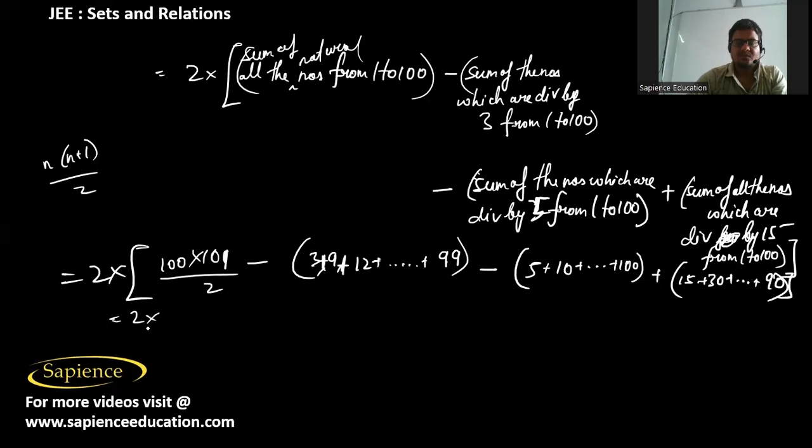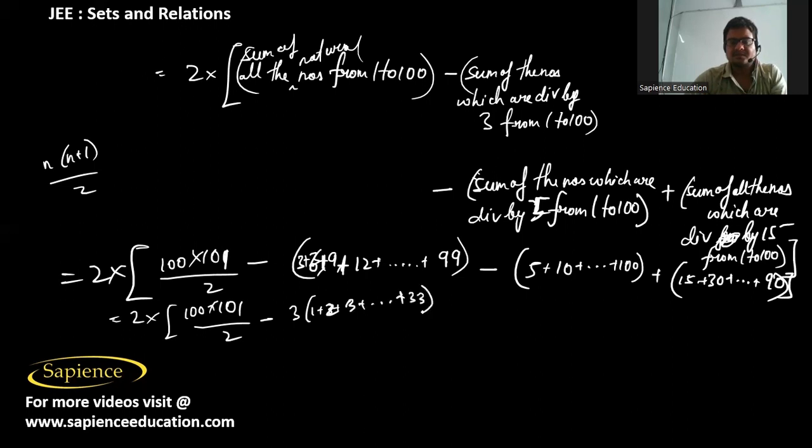So this will be equal to 2 into 100 into 101 by 2, minus 3 into 1 plus 2 plus 3 plus till 33, then minus 5 into 1 plus 2 plus till 20, then plus 15 into 1 plus 2 plus till 6.